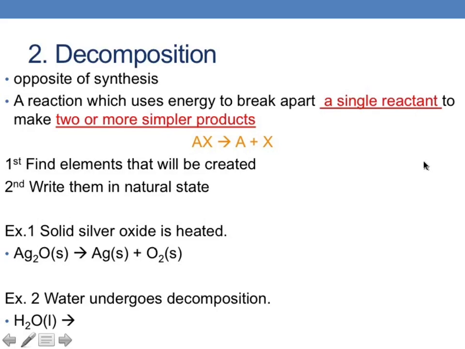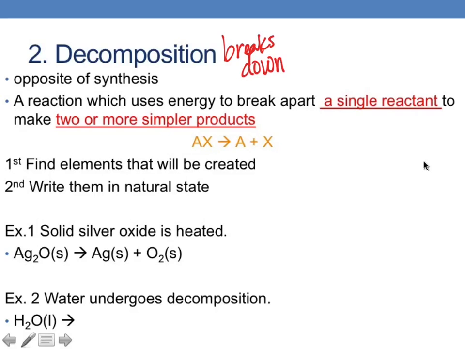All right, decomposition. So if something decomposes, what happens? It's breaking down. So now our happily married couple are going to break up, and we are going to break them into their component parts.